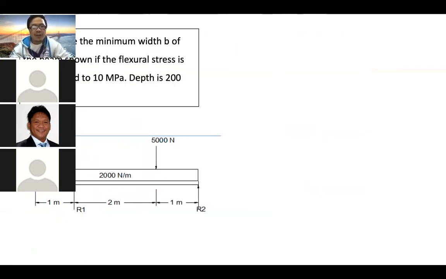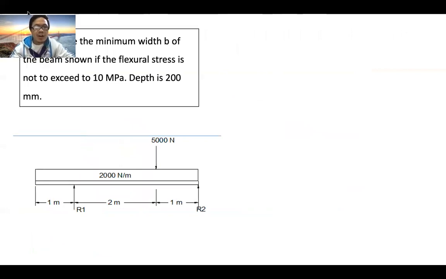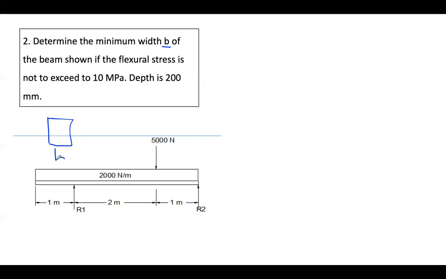So how about this one? You have here, determine the minimum width B. So parang design siya, no? Ito ang design. May mga load. Tayo mag-compute niyan. Now, we are going to compute the width B of this beam. Ano yung B daw? Okay?